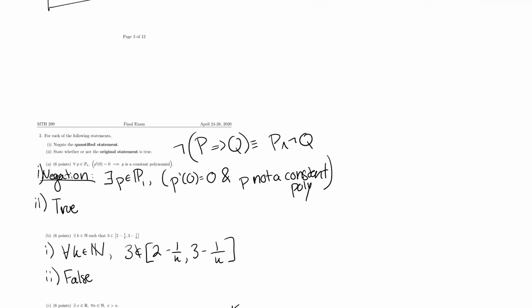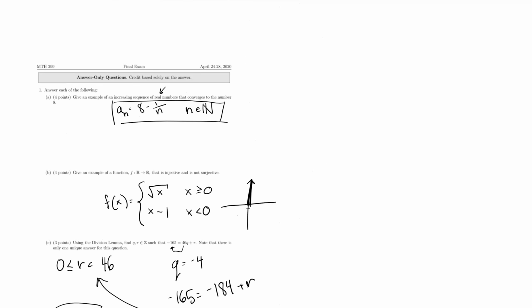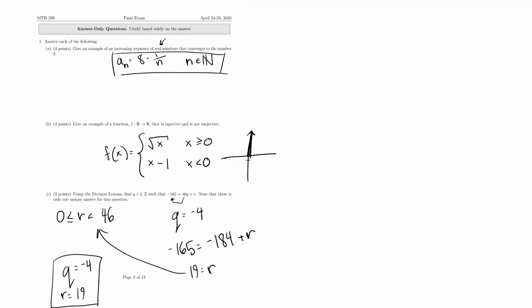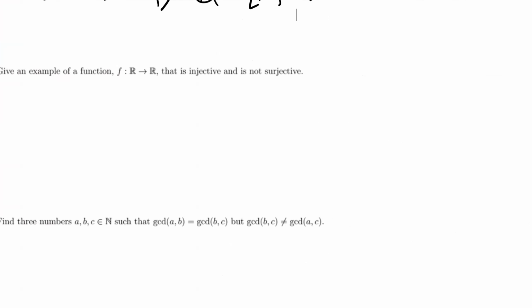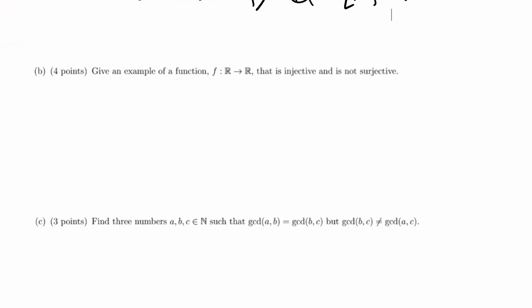Because then I could switch them and say surjective and not injective. Yeah, it is the same. So let's say is not injective and is surjective. Okay, so I'm going to change the question. So is not injective but is surjective.